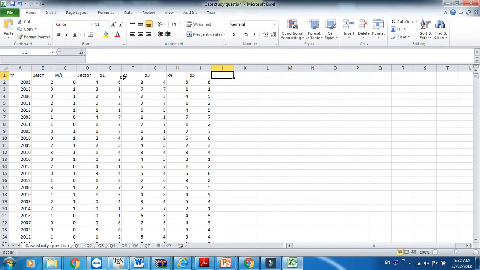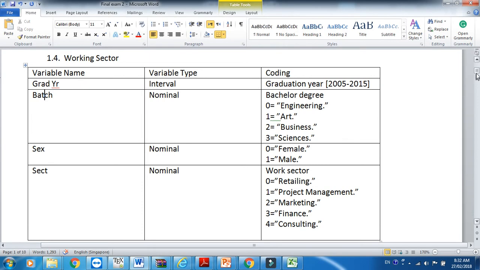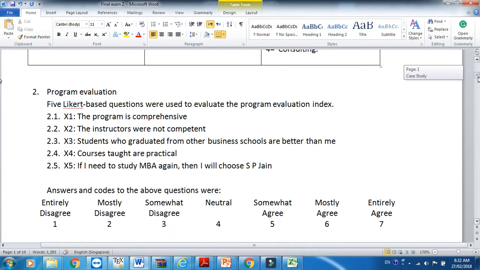I cannot go directly and calculate Cronbach's alpha for these questions to assess if they have consistency, because I first need to read the questions themselves. I'll find that 2 questions are written in a negative sense.